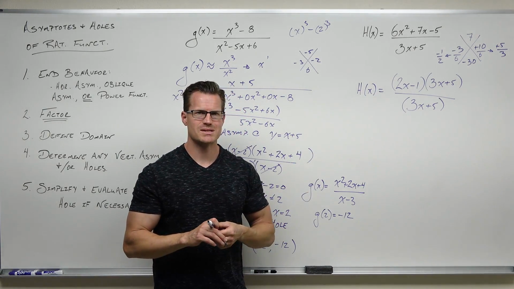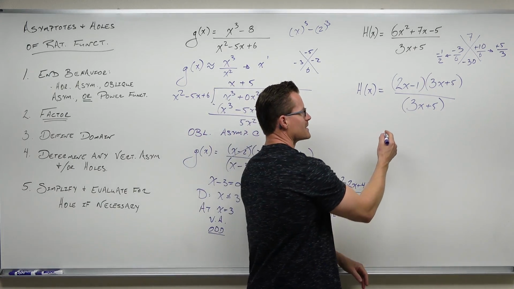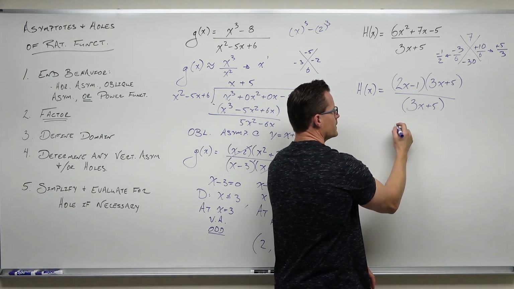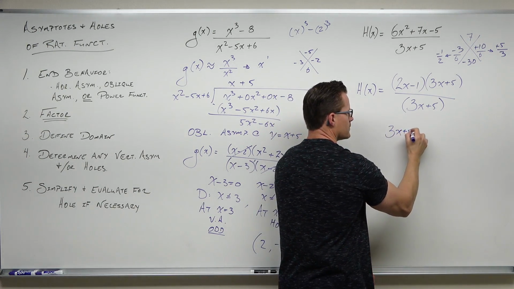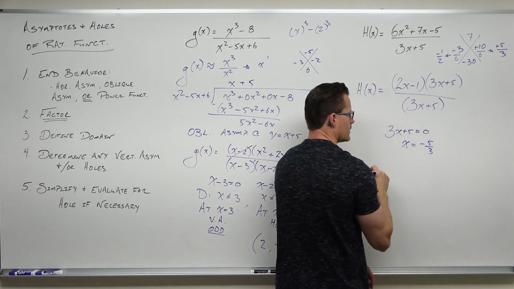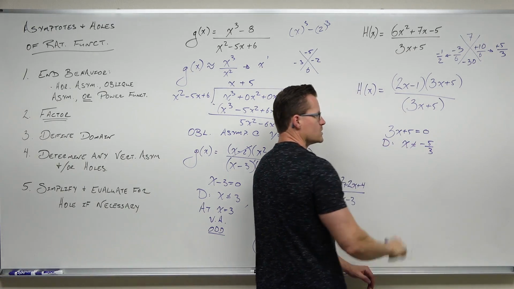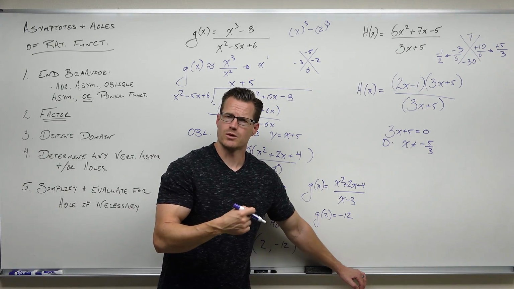So we go, all right, well, what's that going to do? Well, what that does is that says, okay, set your denominator equal to 0. And we'd say our domain says you cannot allow -5/3. All right, let's determine what that does.